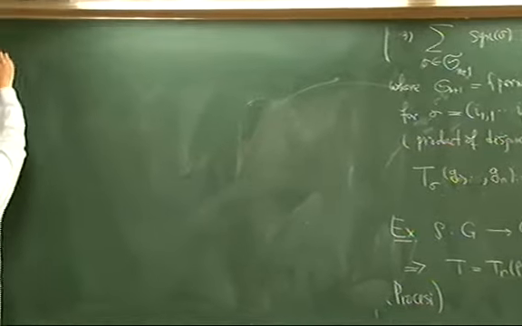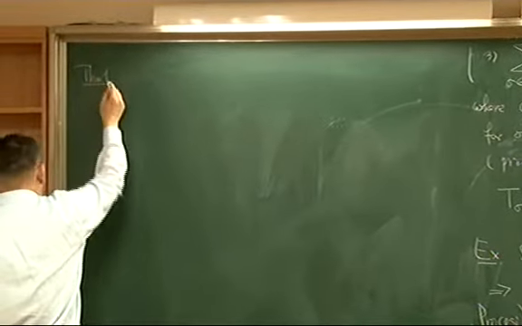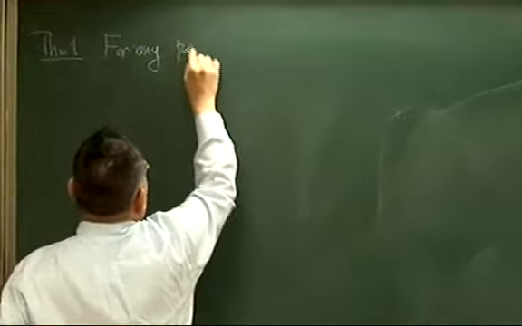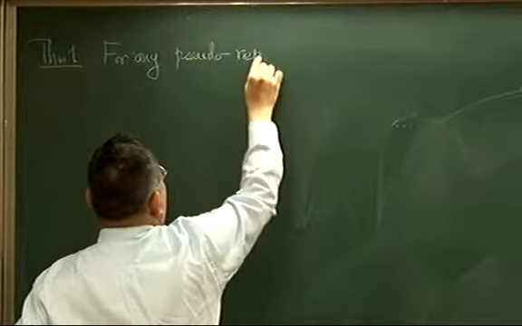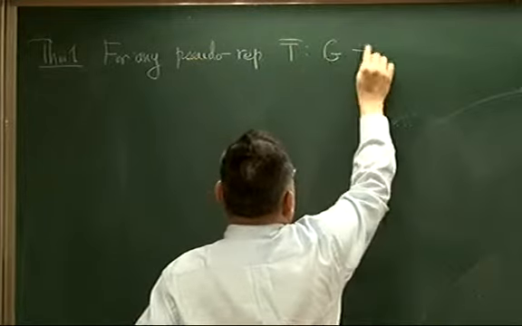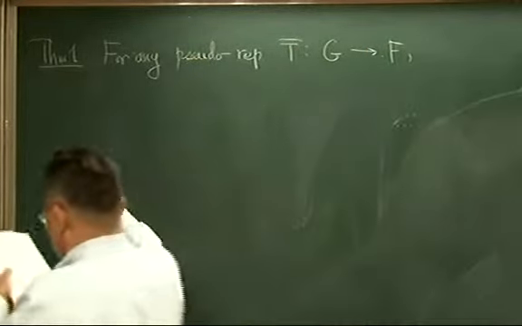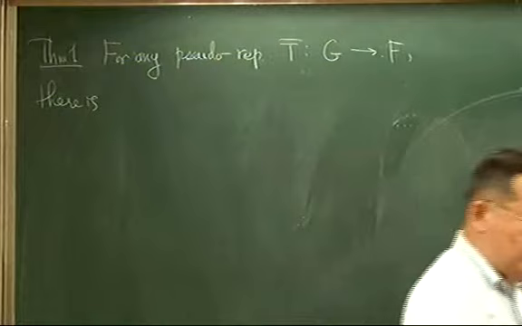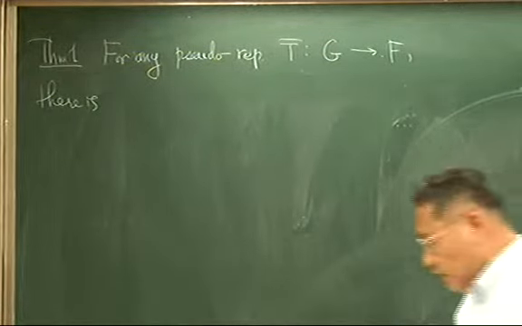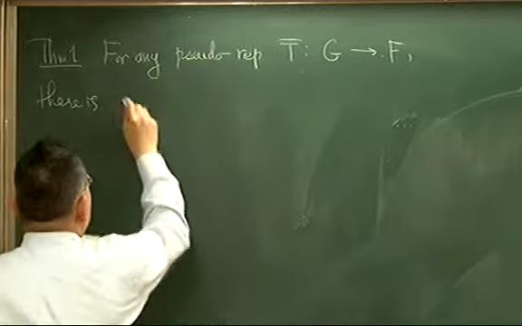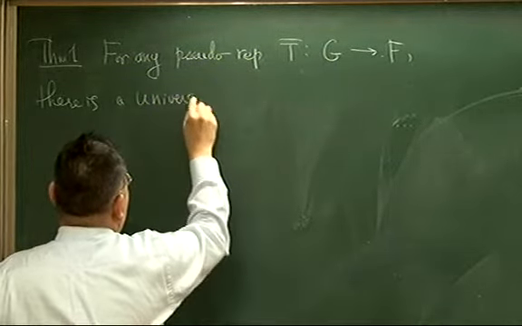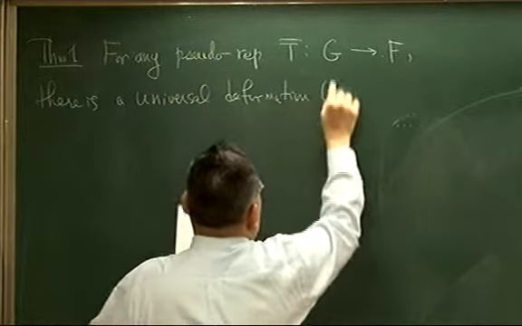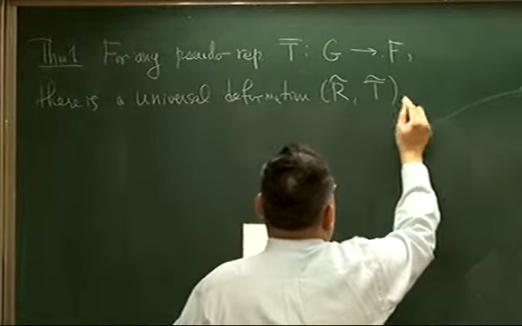Now, our first theorem: for any pseudo representation T bar from G to F, there is a universal deformation R tilde and T tilde of T bar.